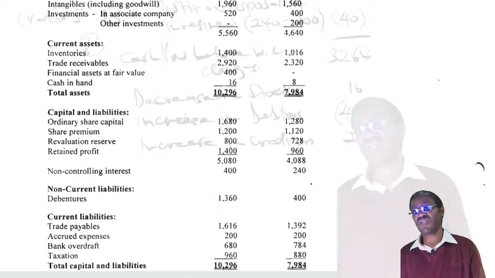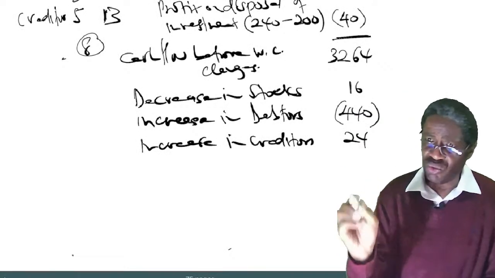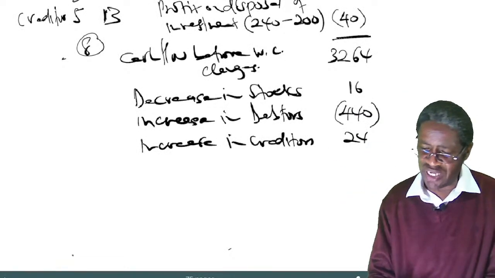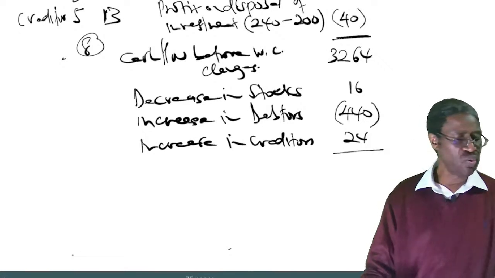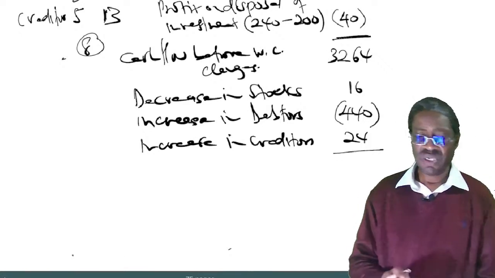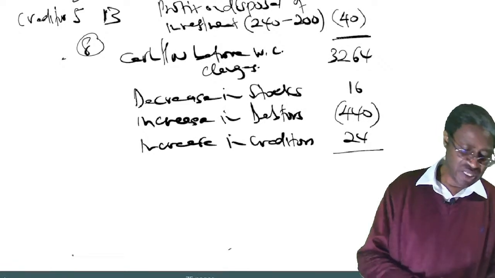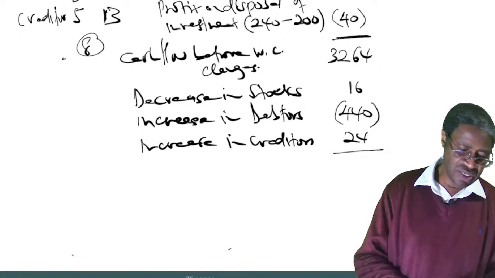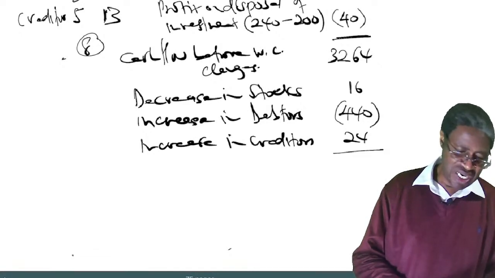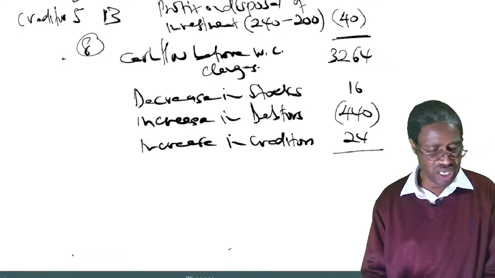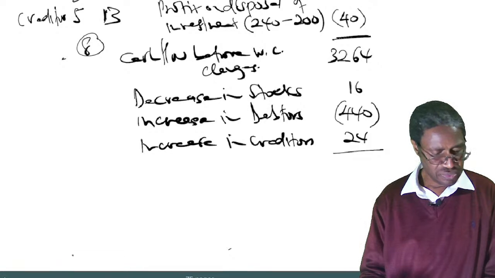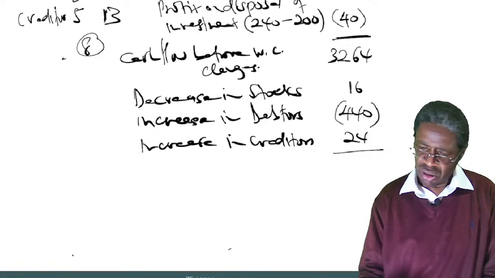Good. Now listen. So it looks like I am through with the working capital items now. So I get the net. I take that 3264 plus 16 minus 440, I add 24. According to me, I'm getting an amount of, let me confirm.